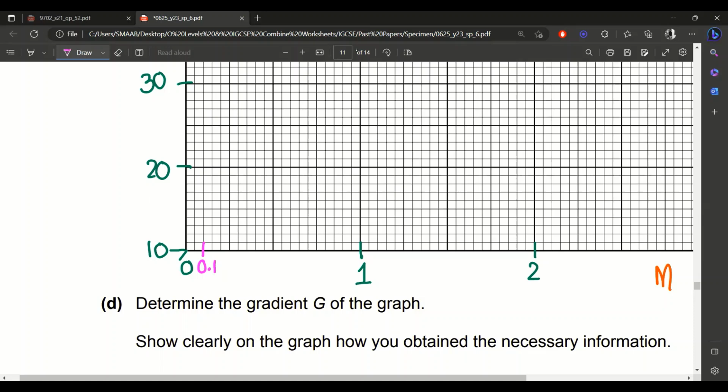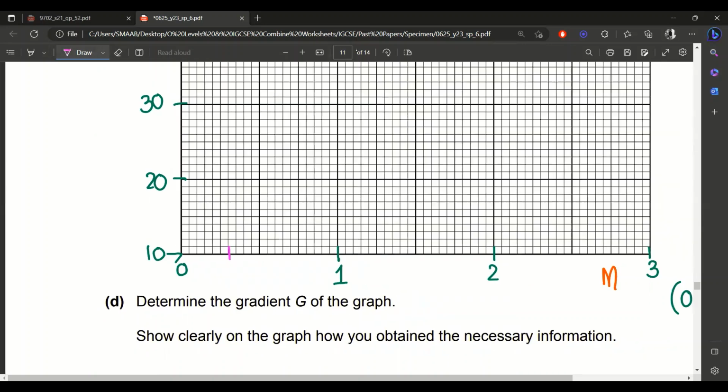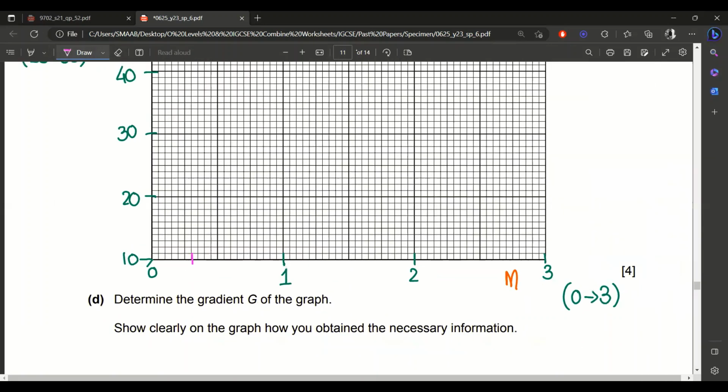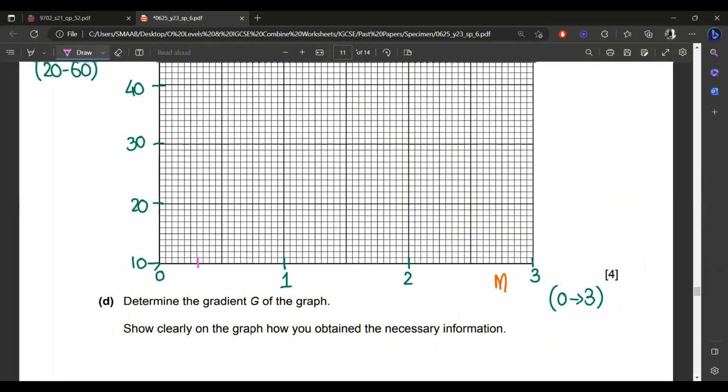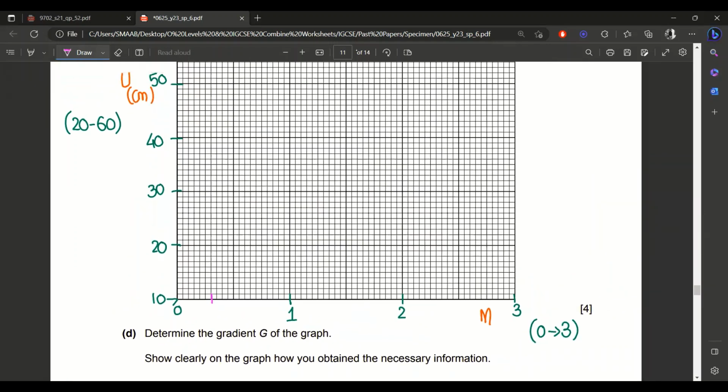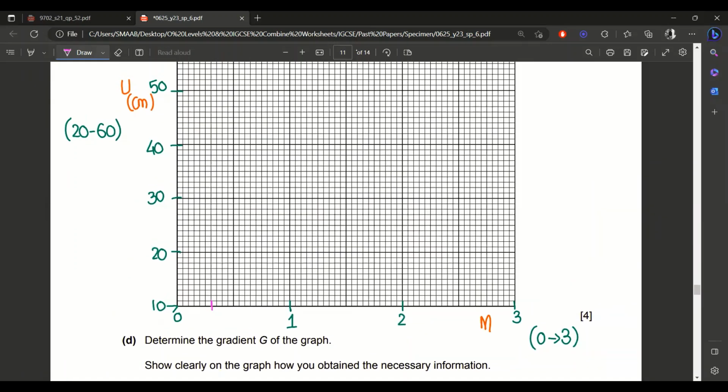It will be around over here. 0.31, our first reading, right? And on the y-axis we have 20, so we mark over here. This is our first point.